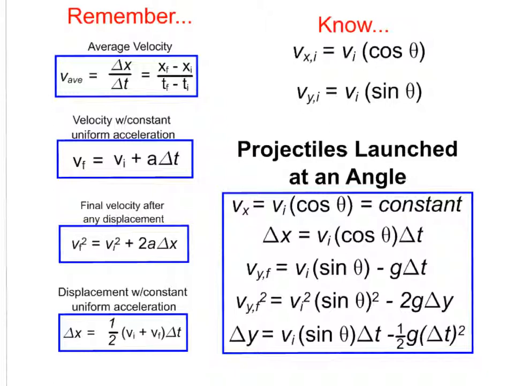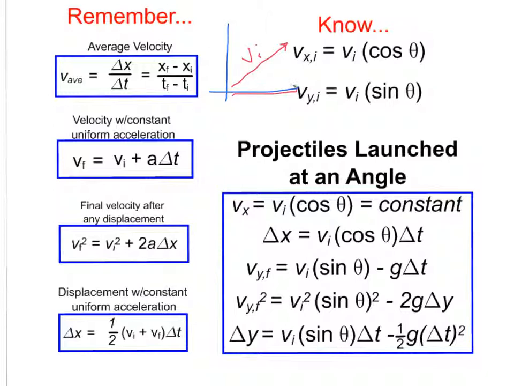Let's just go back and review here. If I have a projectile being launched here, let's say at this angle, that is my resultant vector. I'm wanting to find my initial velocity. It's going to have two components to it, the x and the y.